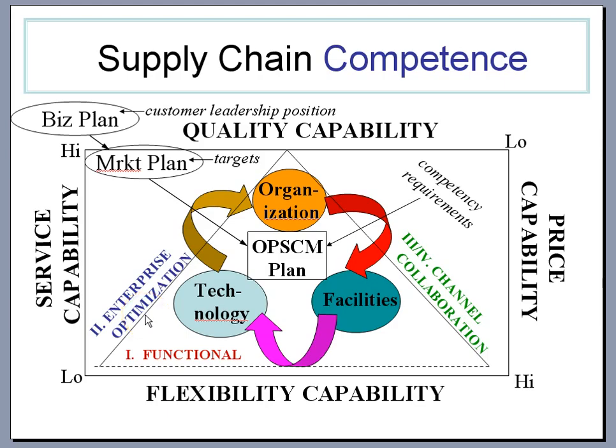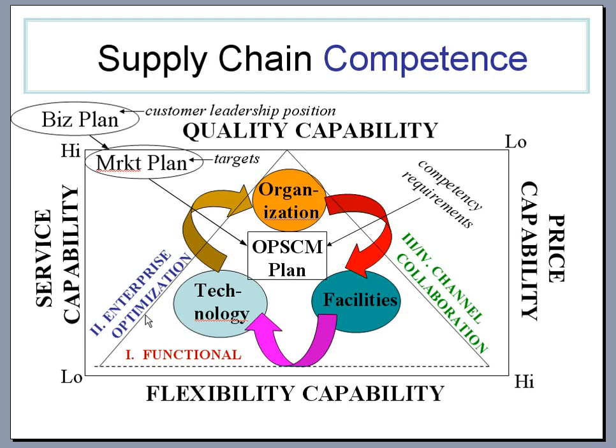Okay, so this is the third piece of content explanation for week one, and this one is on supply chain competence. We talked about the leaders and the value creation, and we said advanced supply chains have a large advantage in value creation.